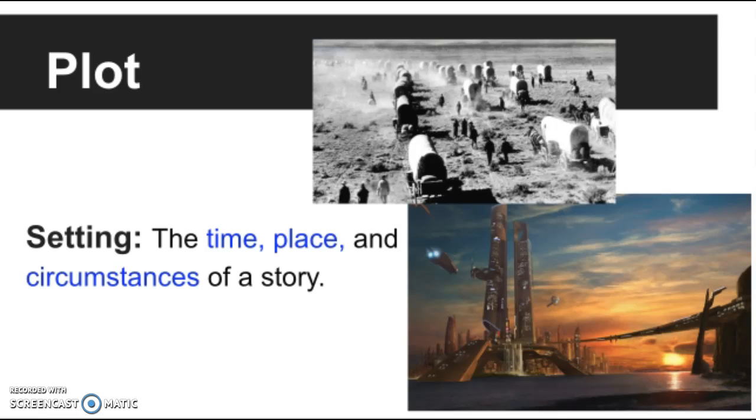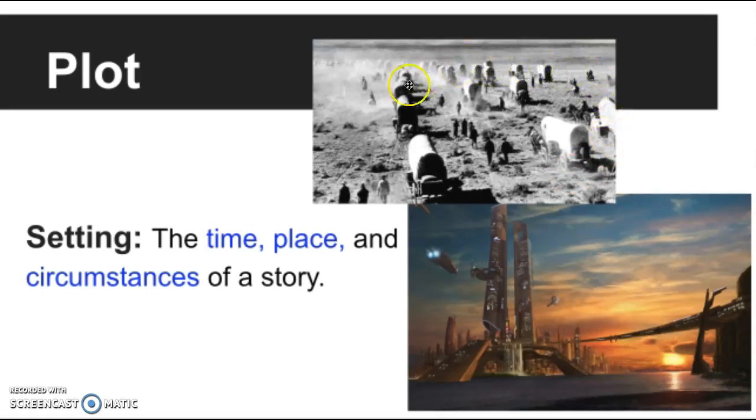Setting is the time, place, and circumstances of a story. And setting is important because it sort of drives the conflict, because there are certain types of conflicts that can happen in certain types of settings. For example, in a setting such as this, you might have a conflict between the natives and the settlers.